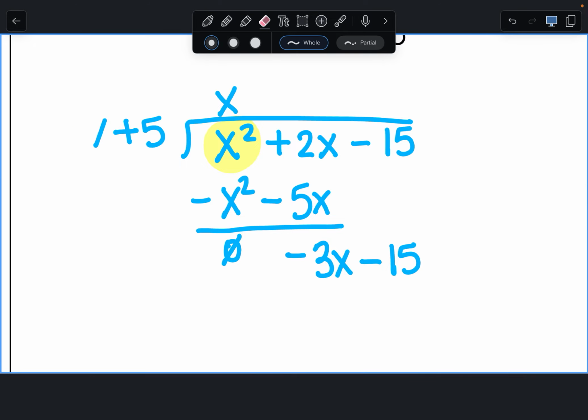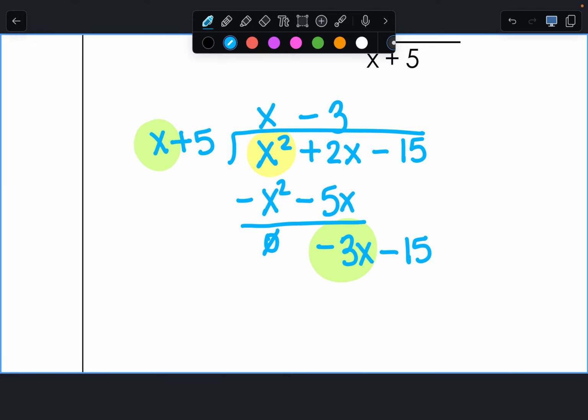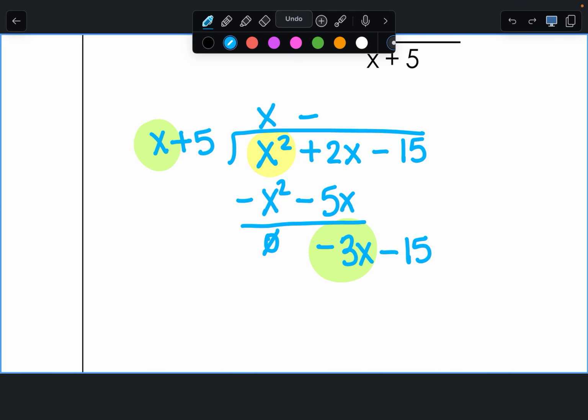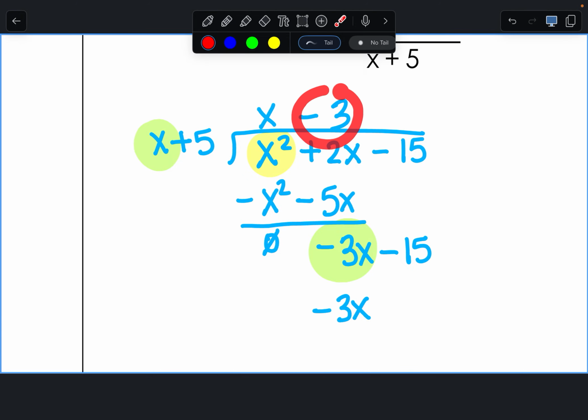So now when you figure out the next term, you're trying to figure out x times what gives you negative 3x. Negative 3. Okay? Distribute the negative 3 this time. Negative 3 times x is negative 3x. Negative 3 times 5, negative 15.